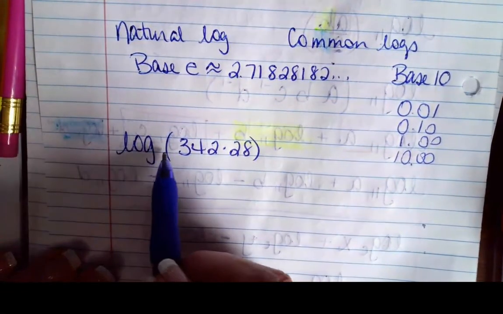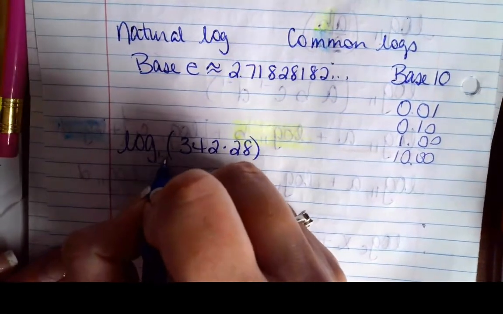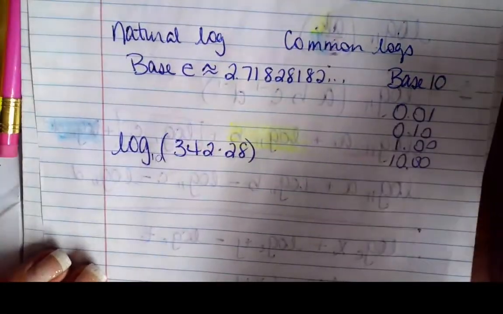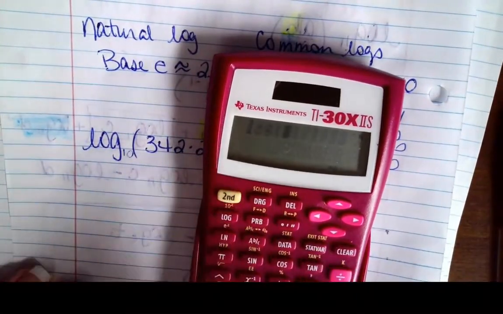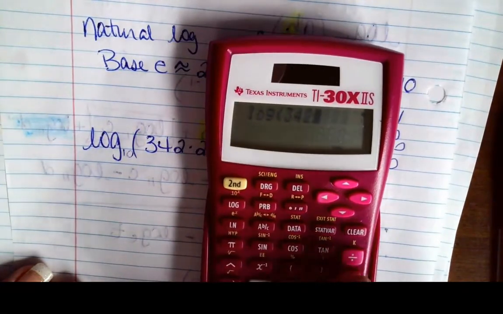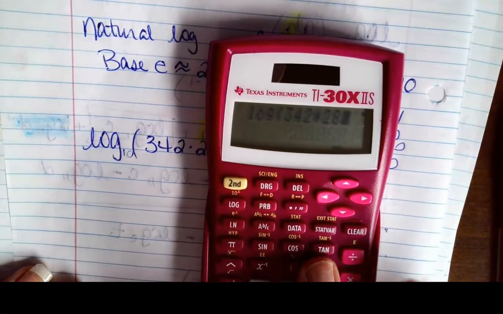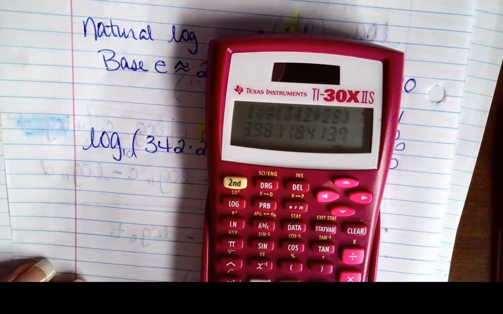This says log, and there's no base written, so it is implied that it is base 10. So can I enter this in my calculator? Yes, I can. I hit the common log button, then 342 times 28, close the argument, and hit enter. You find out that your answer is 3.981.